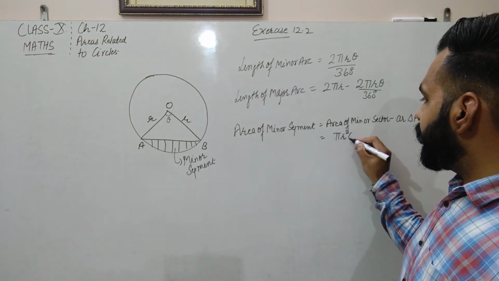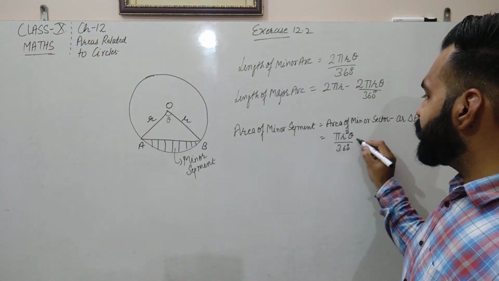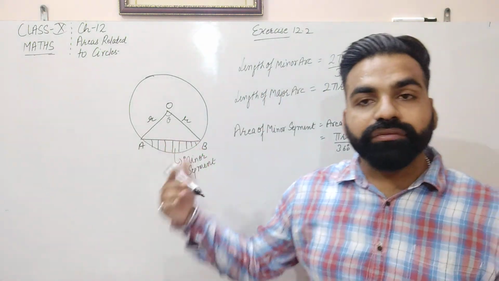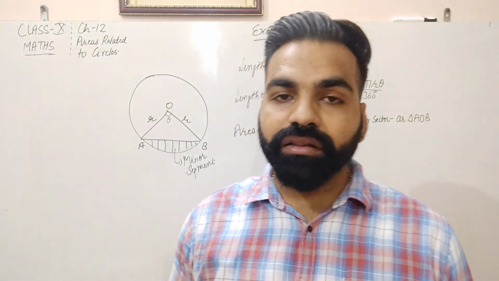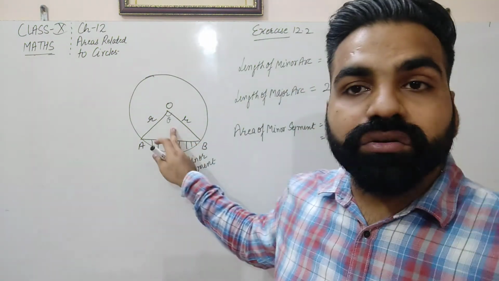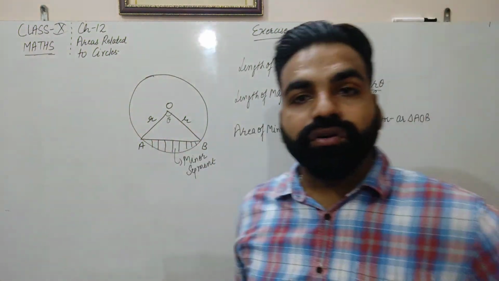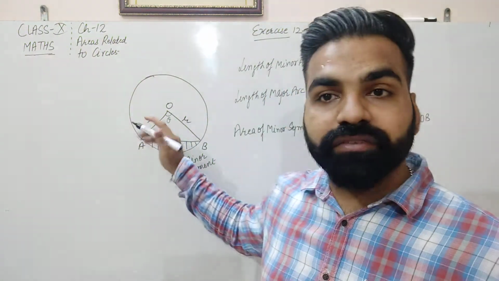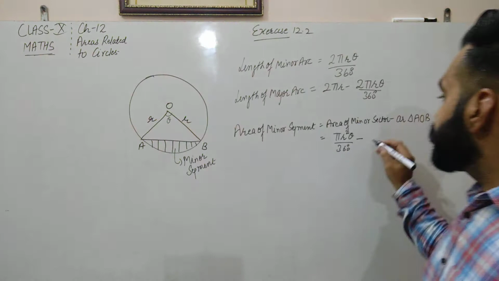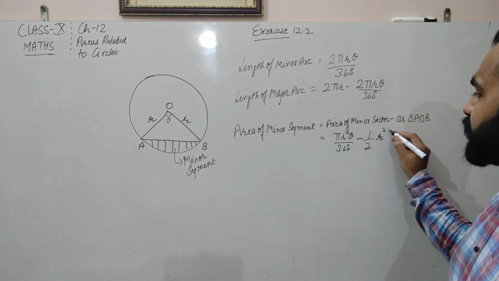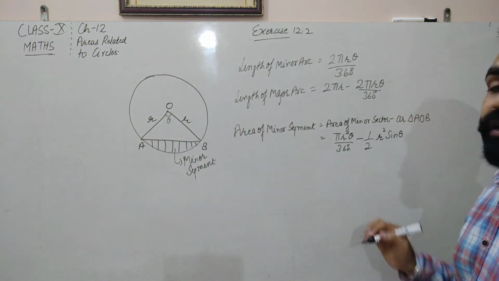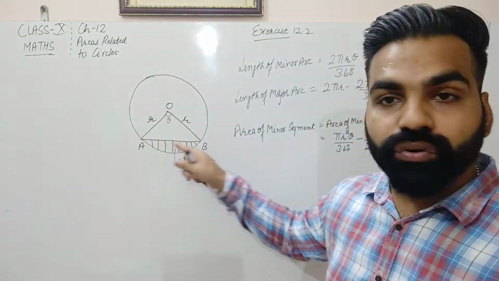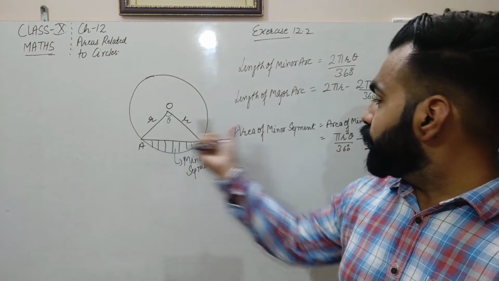Pi r square theta by 360 minus, whenever the angle theta is given and we want to find the area of the triangle, half base into height will not be possible because we don't know the height here. So whenever the angle is given, the formula is half r square sin theta. This half r square sine theta is basically the area of this triangle OAB. So we will put the value here.